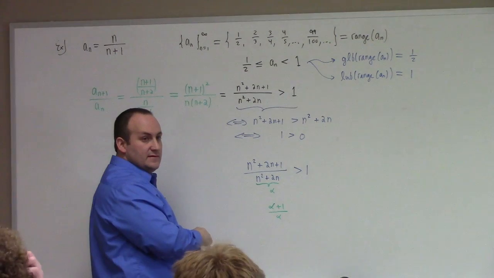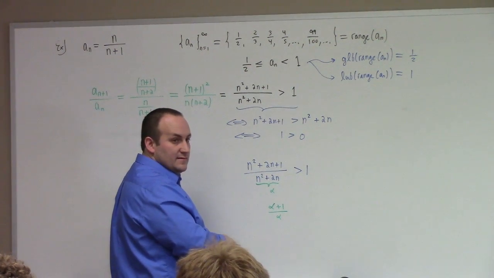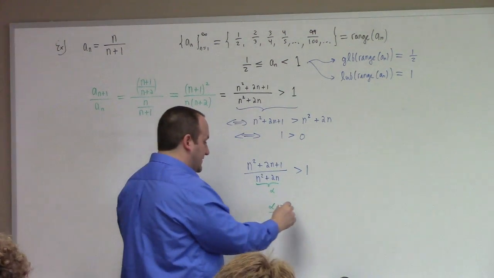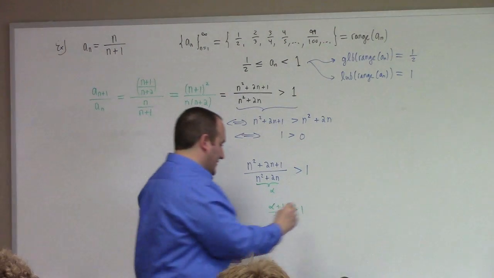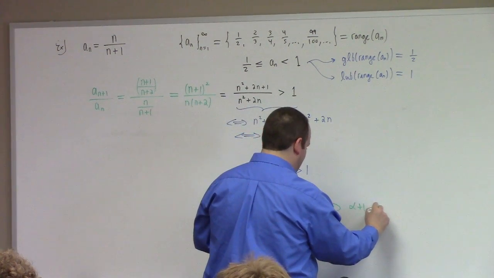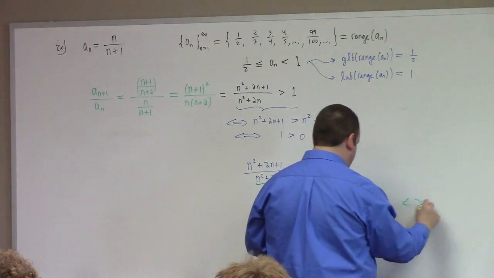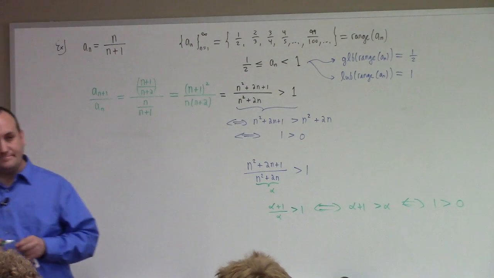And it's clear that if you take a positive number, add 1, and divide by that same positive number, that should be greater than 1. Now, if you don't believe that's basic, then you can trade this for alpha plus 1 greater than alpha, and you can trade that for 1 greater than 0. Is that right?